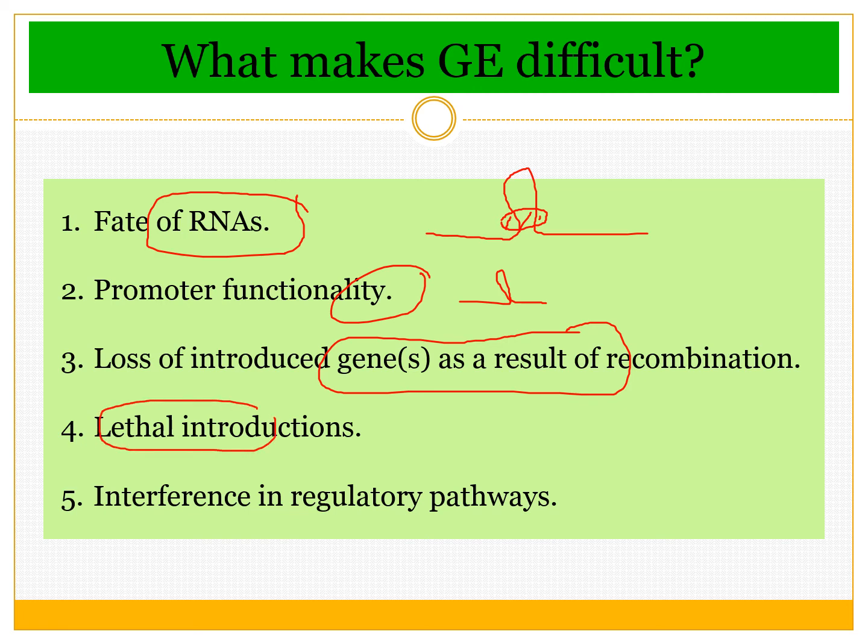There are also what are known as lethal introductions, or genes which can encode proteins that may, for instance, produce allergic symptoms in consumers, and these are lethal introductions. And the other one is interference in regulatory pathways. Overexpression of genes in plants may lead to the disruption of other regulatory pathways via allosteric inhibition.